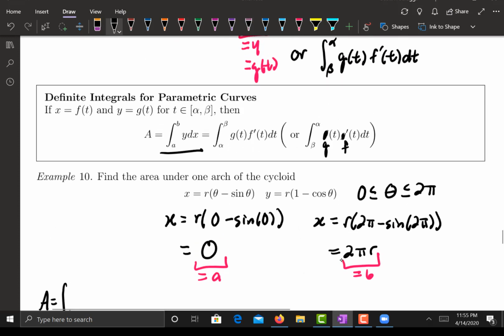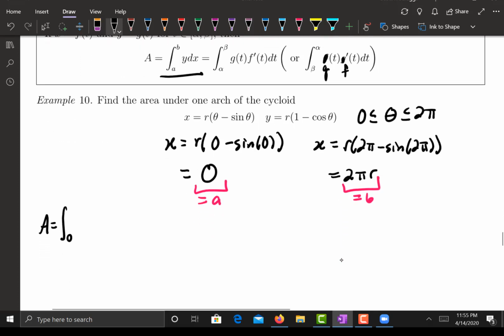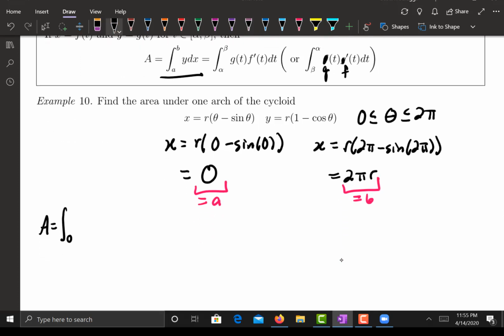Now originally we have the integral from a to b of the function y with respect to x. So 2 pi r, 1 minus cosine of theta dx, and I'm replacing y because I know that equals y.